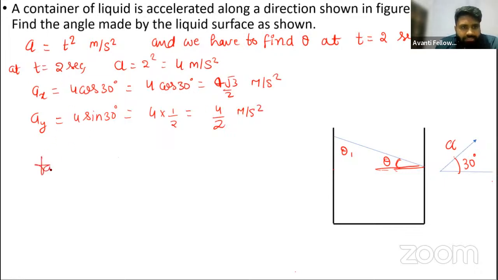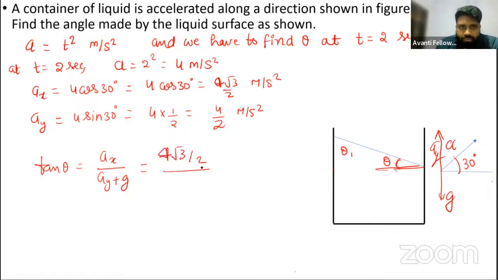Now tan theta is nothing but ax over ay plus g, because ay and g are in the opposite direction. Okay. So ax would be 4 cos 30, which is 4 root 3 by 2 divided by ay plus g.